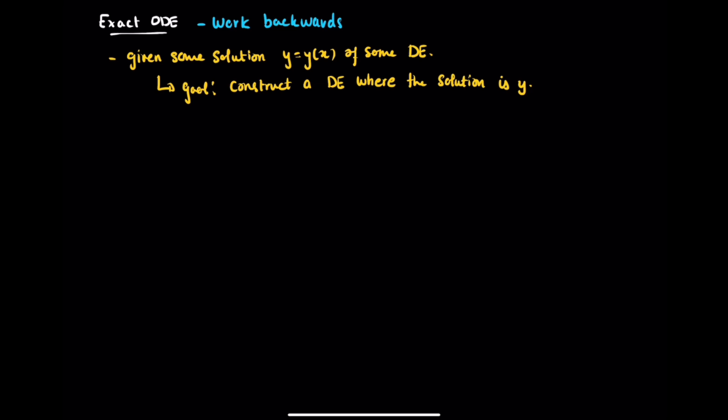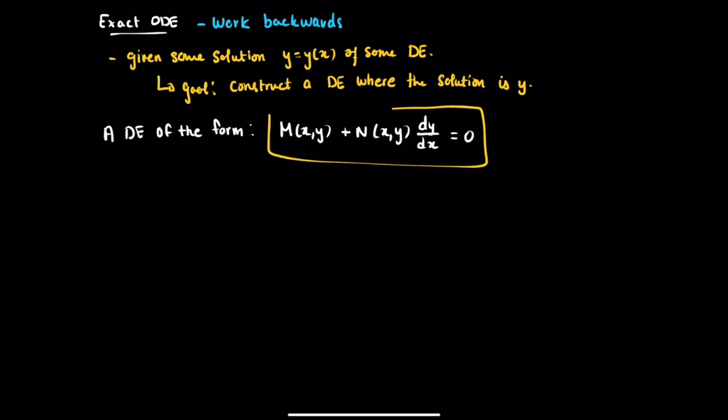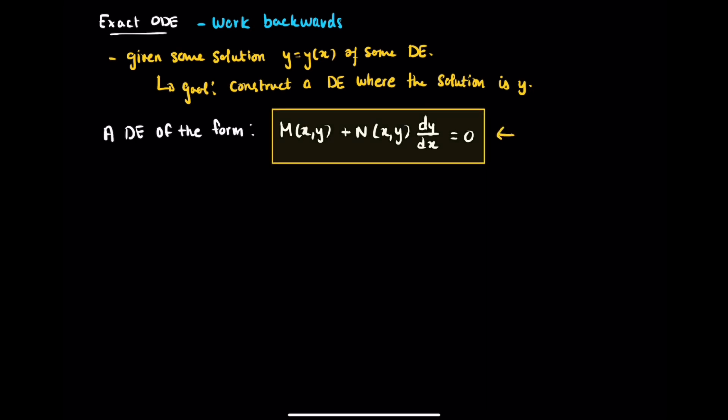A differential equation of the form M(x,y) plus N(x,y) dy/dx equals 0 is an exact differential equation. This is the form of an exact differential equation.